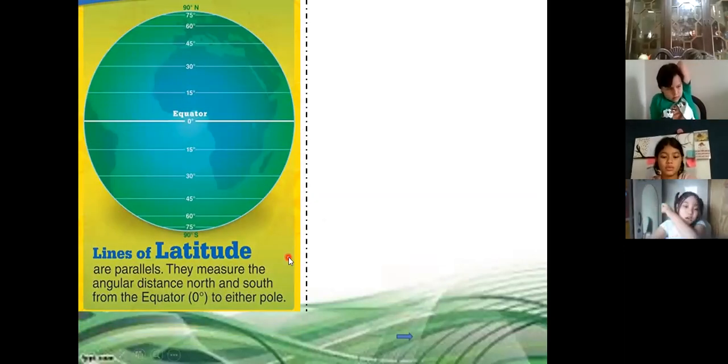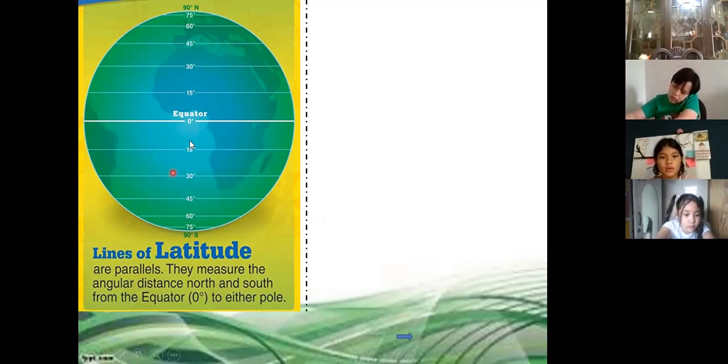The lines of latitude are parallels. As you can notice here, they are parallels. They measure the angular distance north and south, from the equator at 0 to either pole. Remember that here it's north, and this is the south. So the lines of latitude help us to measure the distance from the equator to the north or to the south.